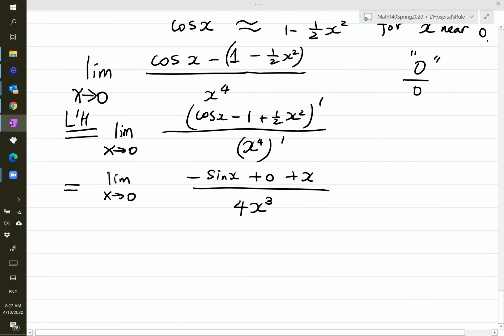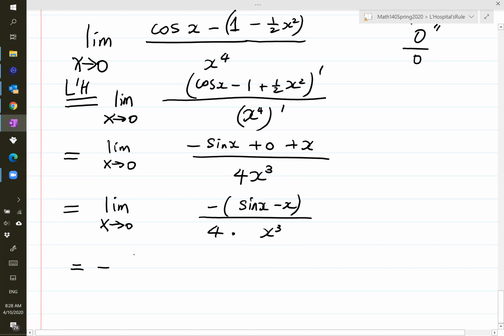Then what do you see? What we get is the limit as x goes to 0. You write the thing as negative sine x minus x over 4 times x cubed. You factor out negative a quarter, sine x minus x over x cubed.